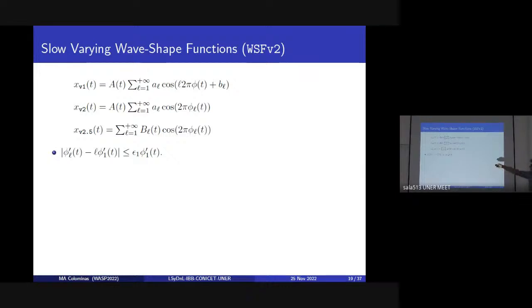And they tried to characterize this. The phases are not far from integer multiples, and all these time-varying amplitudes are bounded by an L1 sequence, meaning that when l increases, the amplitudes for a given time will decrease, and it will converge because it is bounded by an L1 sequence.